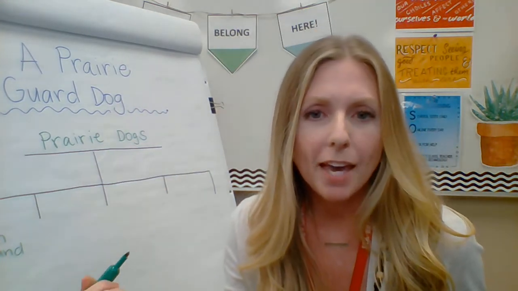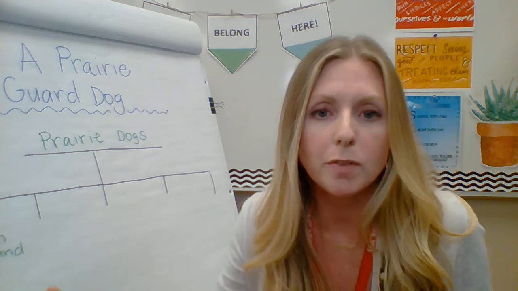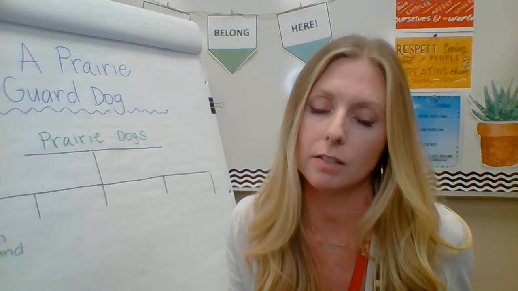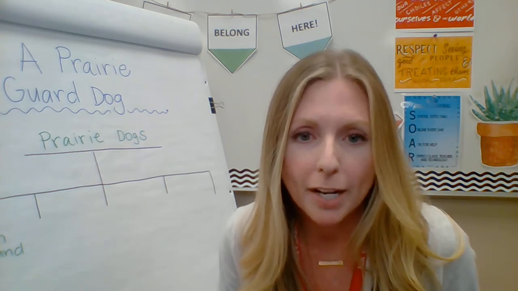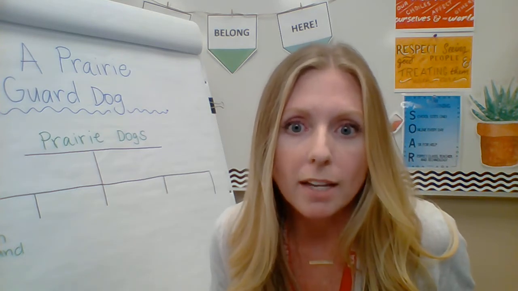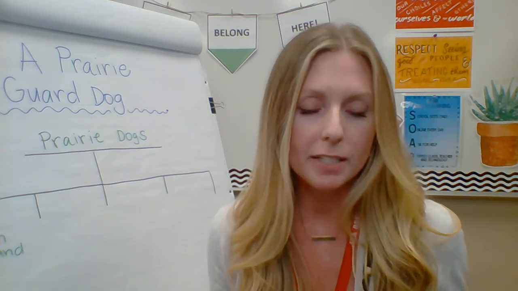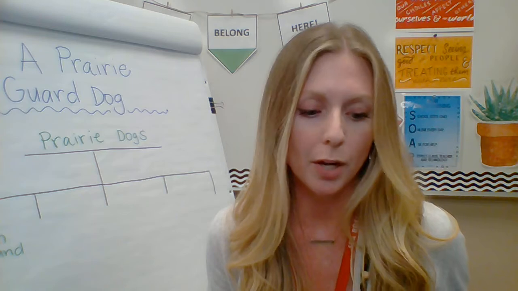I want to think of something else that supports and proves that my main idea from this story is all about prairie dogs. Another thing that I remembered right away, it said Pete the what? He is a guard. He has a really important job to protect the other prairie dogs in the group.